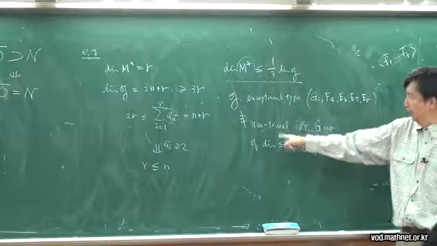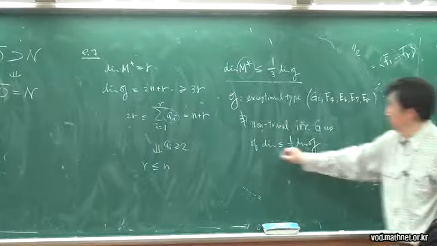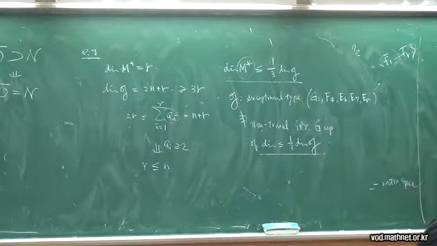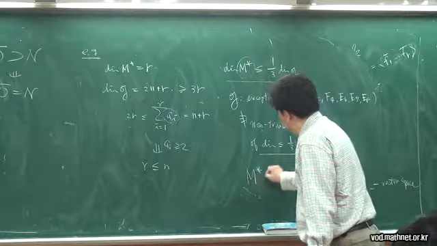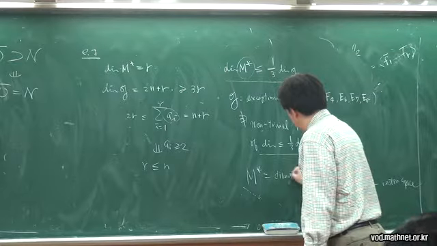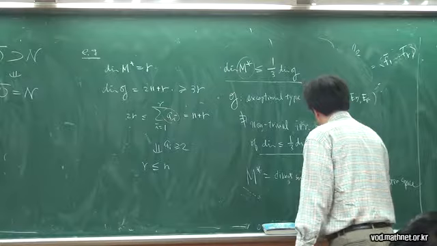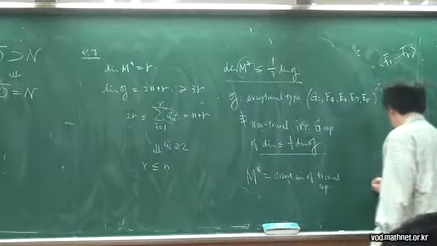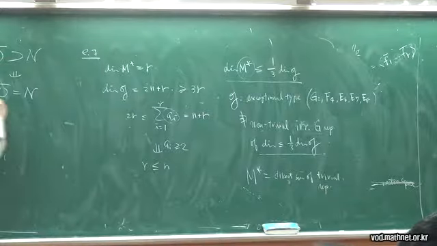So there are no non-trivial irreducible representations satisfying this inequality. So this M star should be the direct sum of trivial representations. Then we get the following situation, and we have this.